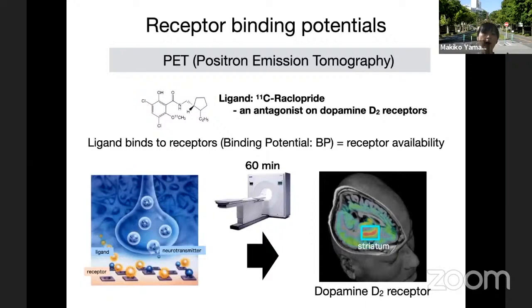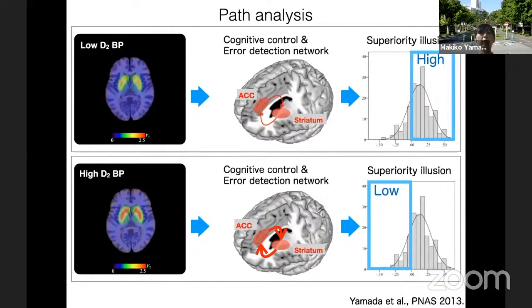Therefore, we scanned subjects using PET to obtain D2 receptor availability in the striatum using raclopride. And those subjects were also scanned with resting-state MRI, and we performed path analysis.